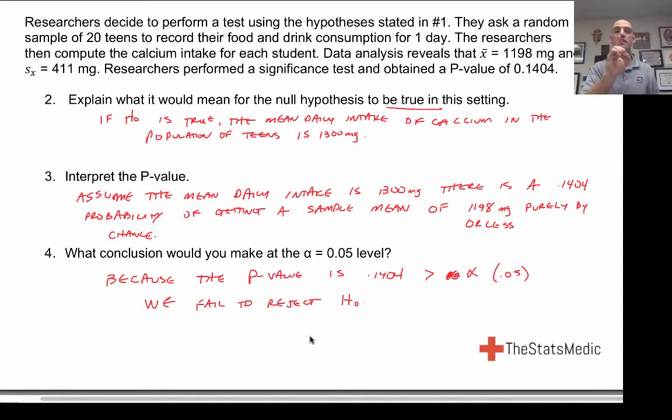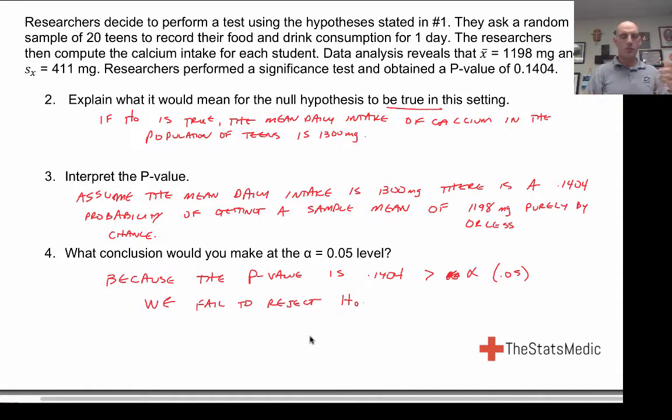So 1% of the time in my test, where 1,300 was the true mean, it was 1,198 or less. What I would do is I'd say, so you're telling me I just happened to pick a group of 20 teens that had this very low probability number? Not happening. No. That would make me reject that it's 1,300. That would make me think it's not just this group of students. There's something going on here.